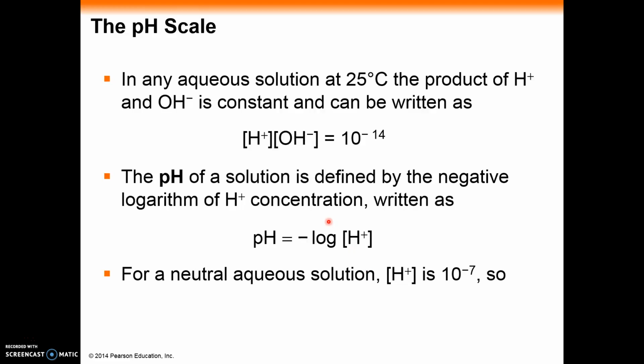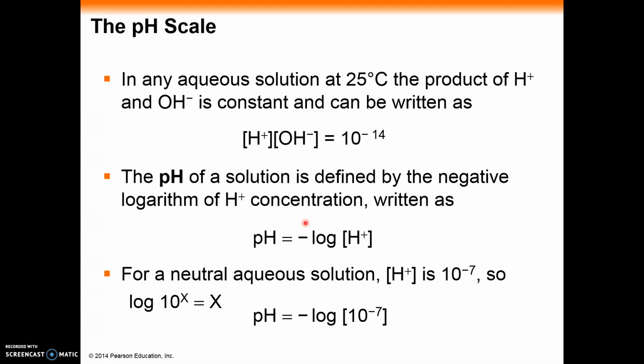Now, for those of you not familiar with log notation, if you take the log of 10 to the power of x, the result is x. So a log calculation essentially removes this base 10 and just leaves us with the x.